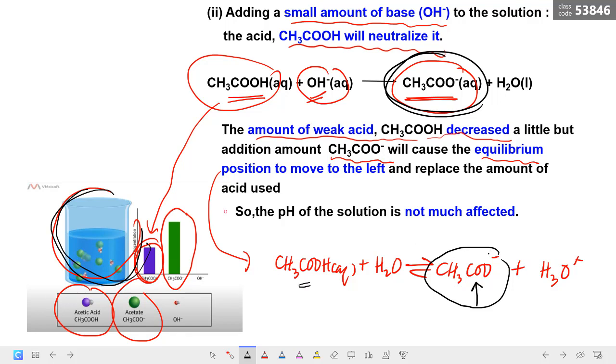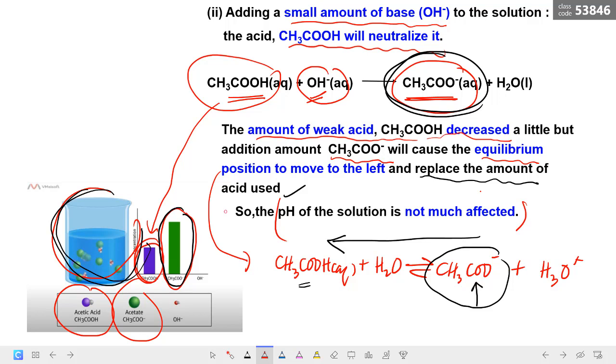So, concentration of acetate ion increase. Jadi, equilibrium position tetap move to the left. So, you can see here the concentration of acetate ion increase. Dan concentration of acetic acid itu akan bertambah sedikit lah, di mana equilibrium position yang move to the left itu akan replace the amount of acid used. So that's why the pH is not much affected.